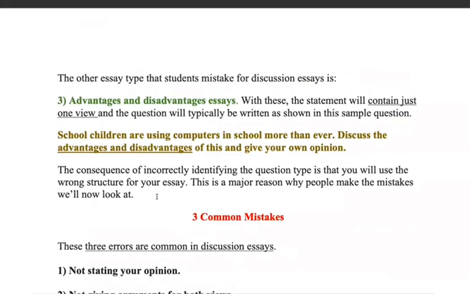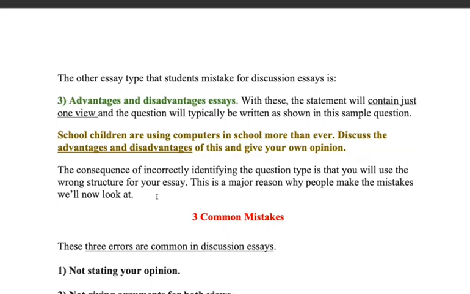Okay, so the last one is the advantages and disadvantages essay. What is it? The statement will contain just one view, and the question will typically be written as shown in the same question. You will look at one view, one point, and you will tell us the advantage of this point and the idea and the disadvantage of it.